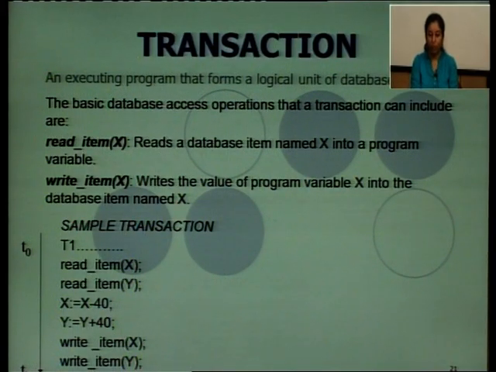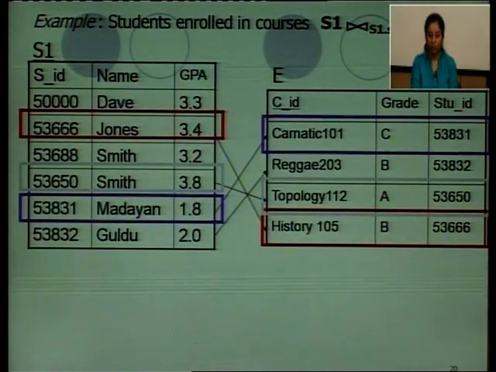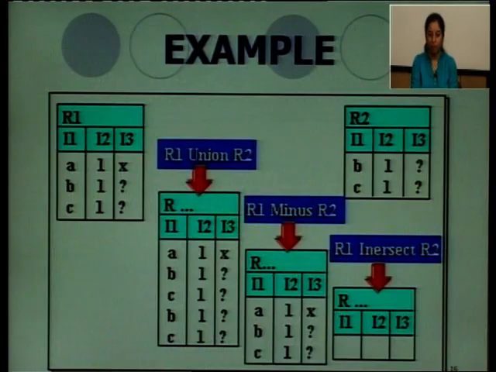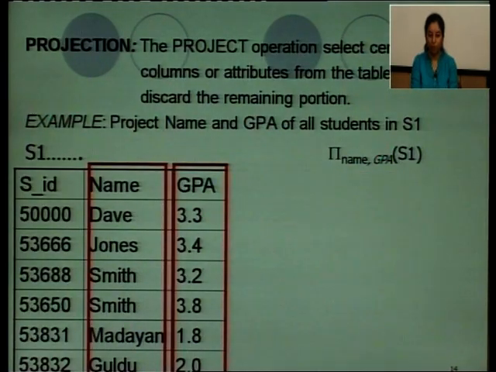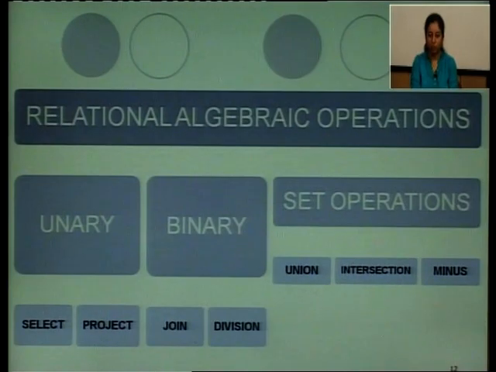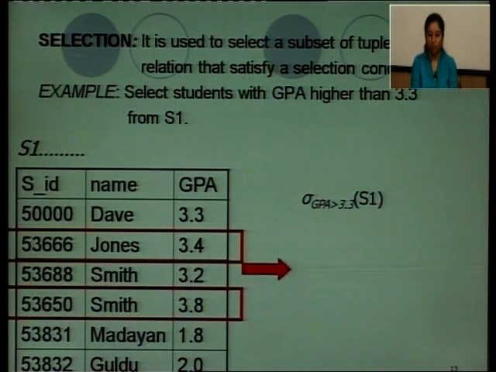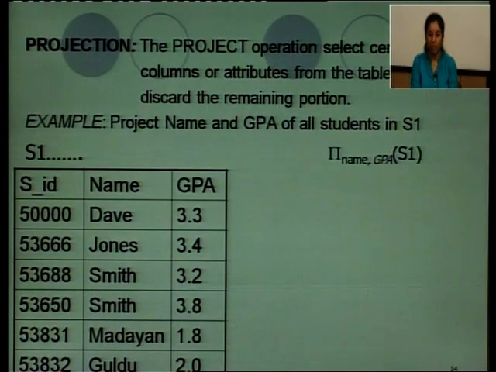So before starting the transaction topic, I will revise the important relational operations. We discussed the selection, this is an example of selection, and this is an example of projection.